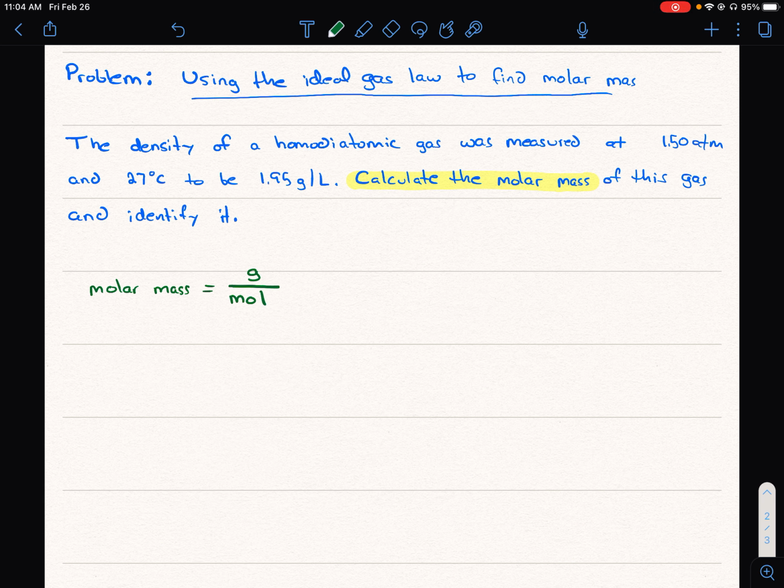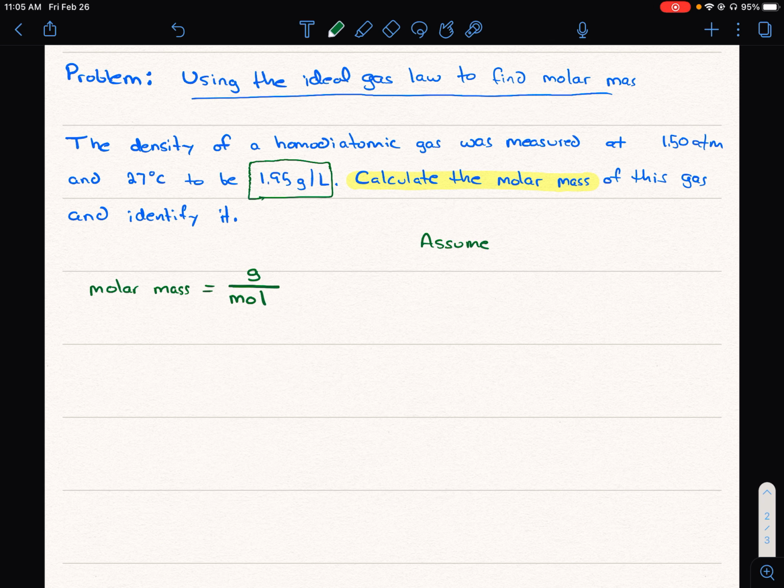And to start off this problem, we're told of a few different things. And what we'll start off looking at is we're told the density of this gas, 1.95 grams per liter. Now, we're not told how much of the gas we have, but we are told this density. And anytime you're confronted with a problem like this, where you're given a density or a concentration, and you're not told how much, one of the things you can do is say, let's just assume we have a certain amount.